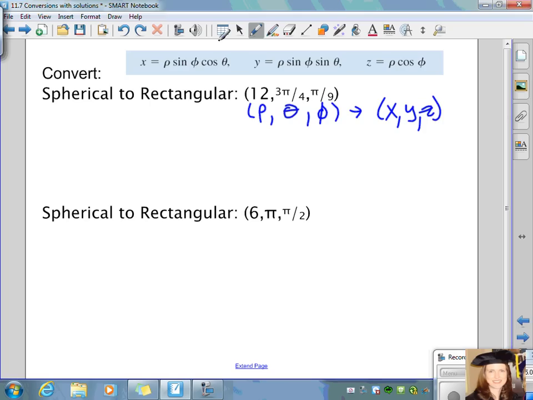And we can use the conversion equations listed above, where x is equal to rho sine phi cosine theta, so in this case it's going to be 12 sine of pi over 9 times the cosine of theta, and theta is 3 pi over 4.